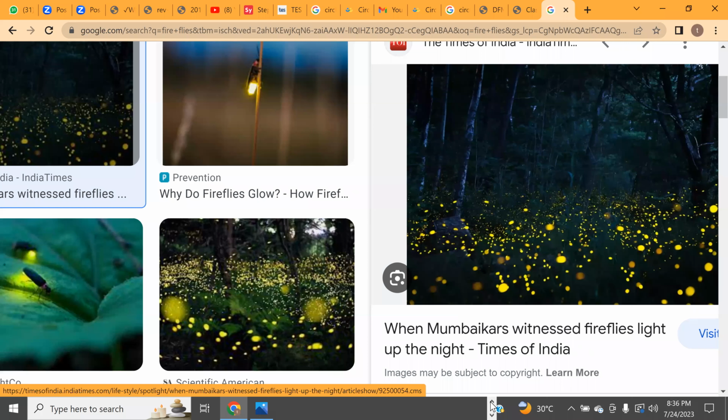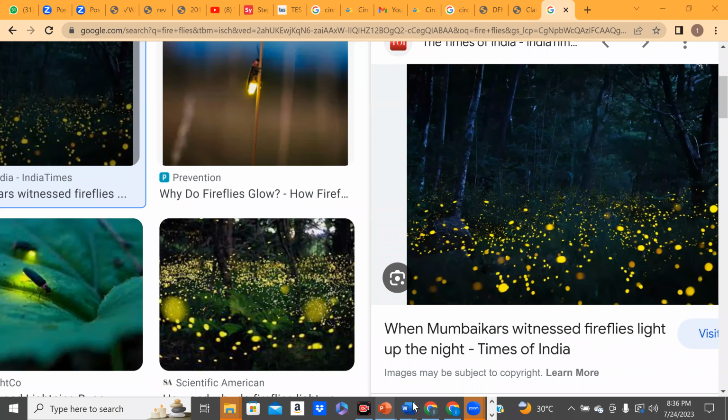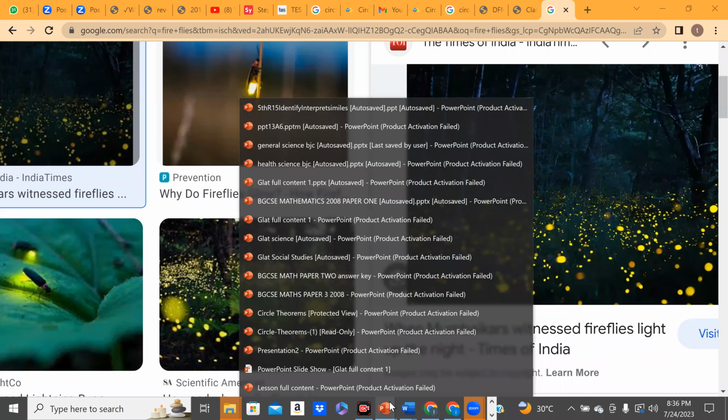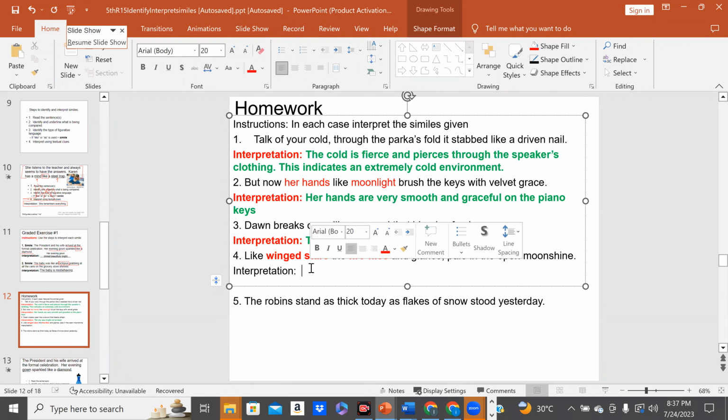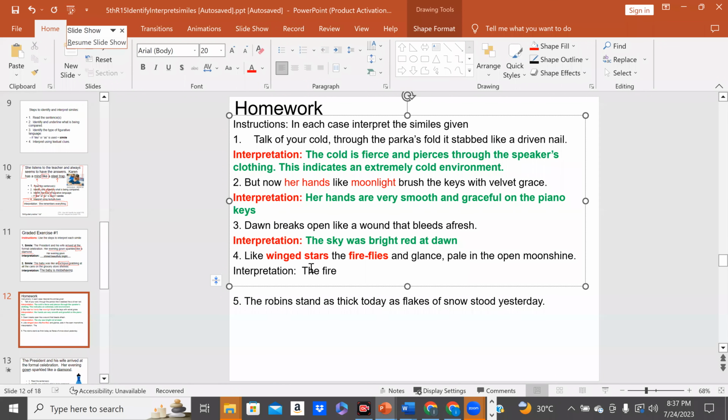And they continue to describe them, like winged stars, the fireflies and glance pale in the open moonshine. So they're saying that the fireflies are like winged stars, which means that the fireflies are bright. Okay, let's go on to the last of the interpretations.